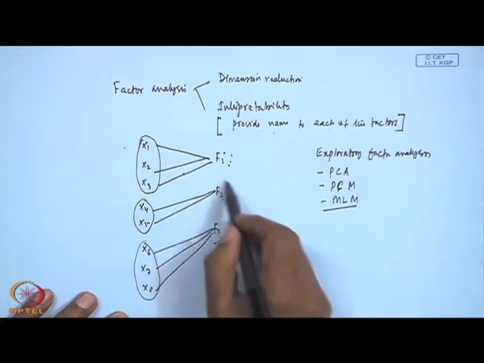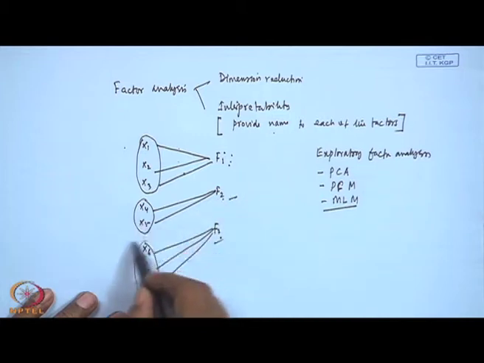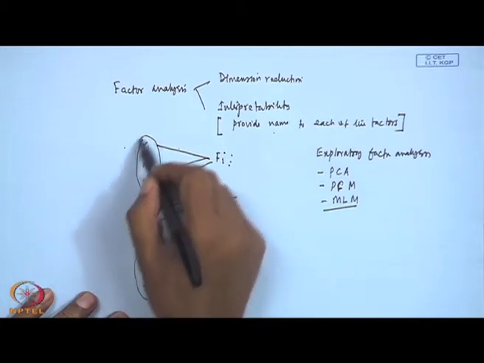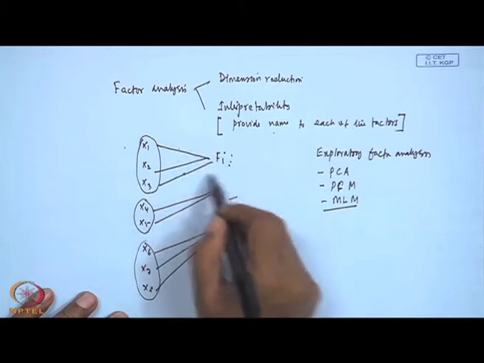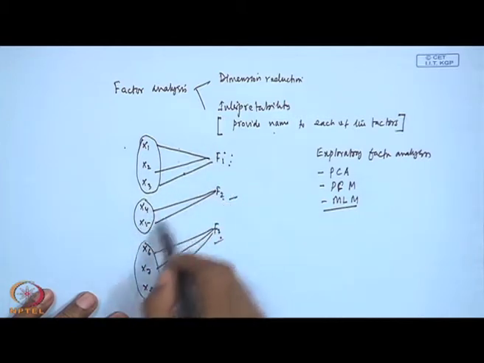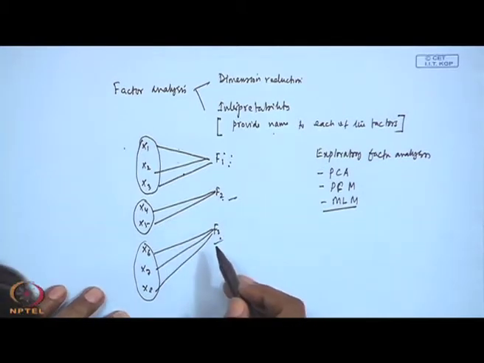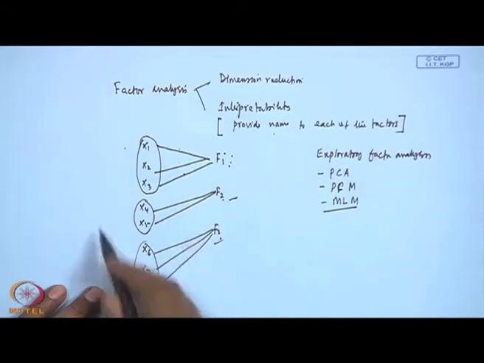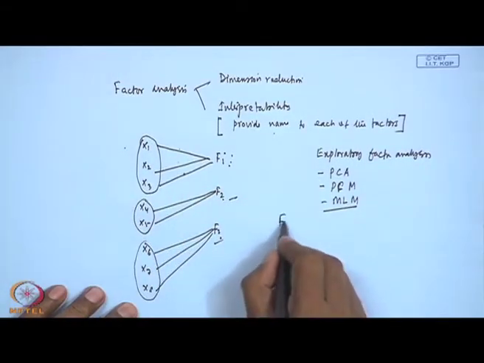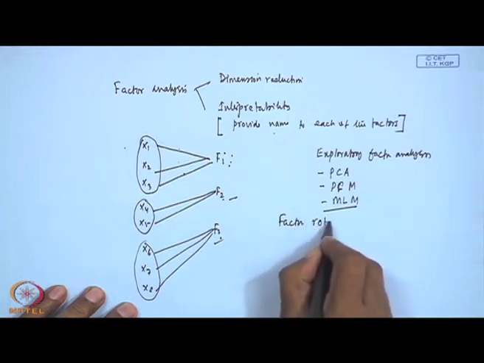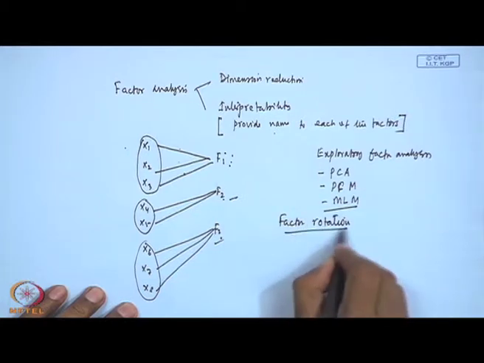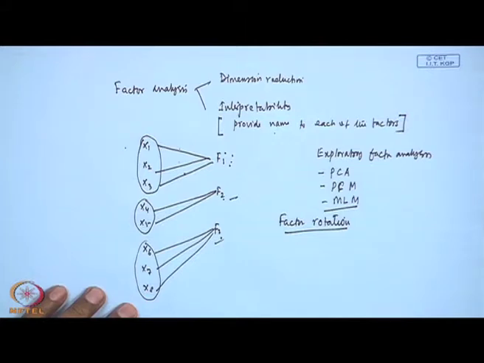Similarly, we want to find some other set of x, excluding the ones we have considered for f1, which will be highly loaded with f2 and have very low loading with other factors. So, this can be possible through factor rotation. Okay. In order to understand this fully, I will first show you one example.